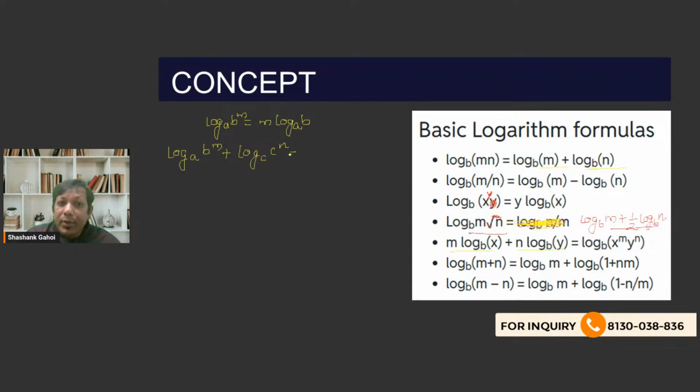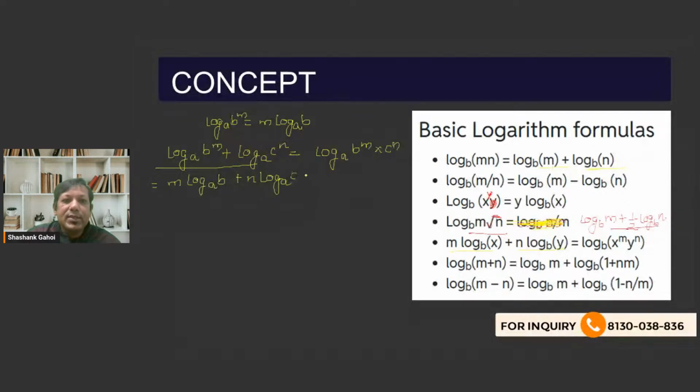It can be written as log base a, where both values are going to be multiplied, so b power m into c power n. This can also be written as m log b base a plus n log c base a.